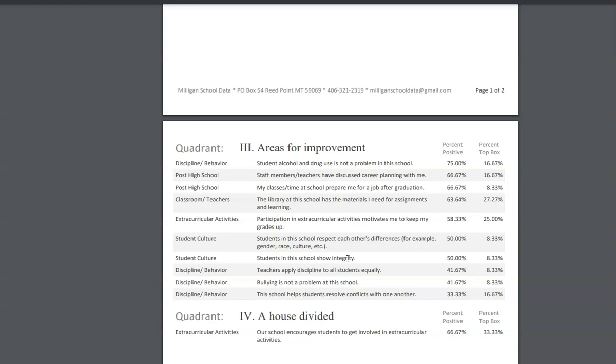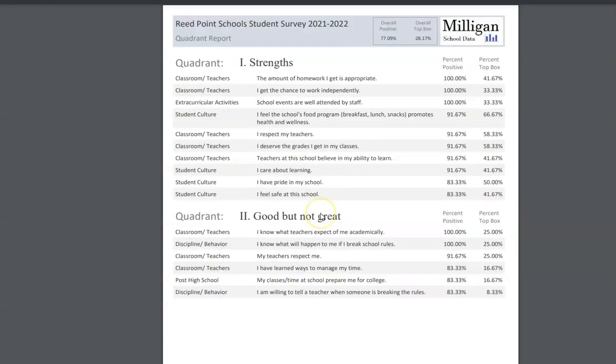And the reason is that as your entire survey improves, again, you will always have questions that land in this areas for improvement. And so I wouldn't want you to be discouraged if your scores are going up, but that question isn't necessarily moving out of this area. So that's just a little caveat with these questions. So that is the quadrant report.